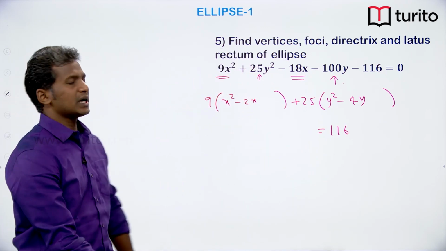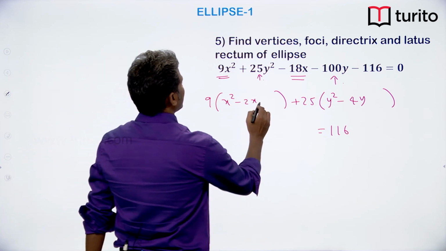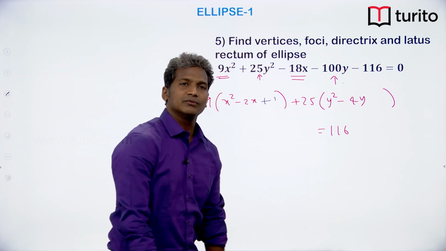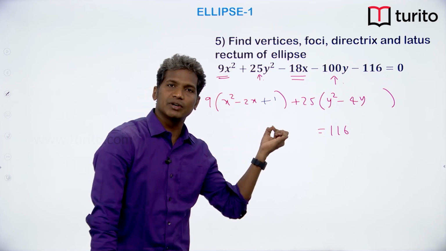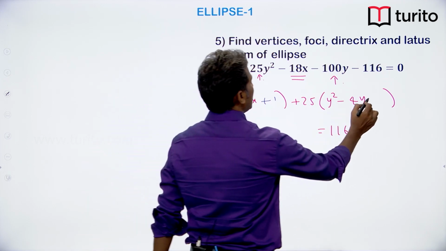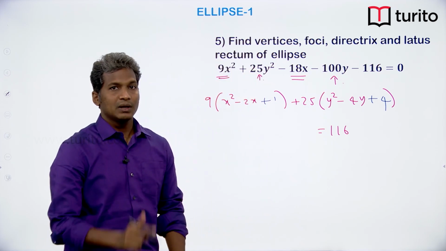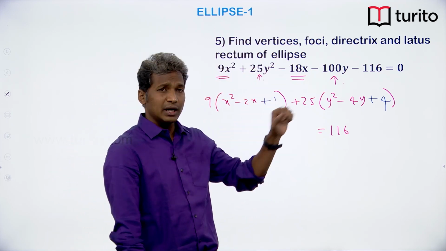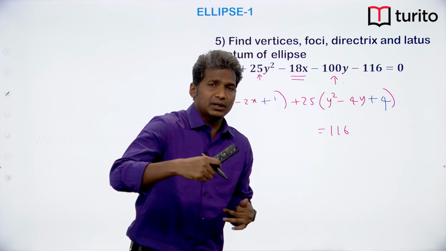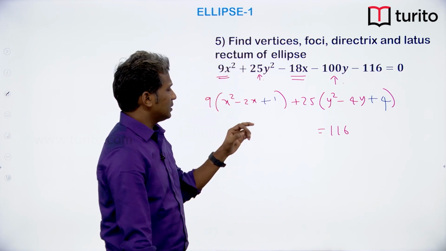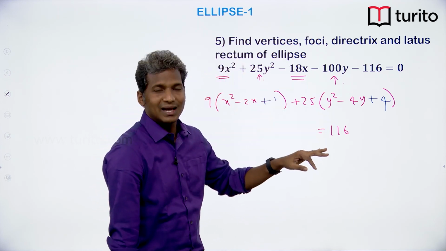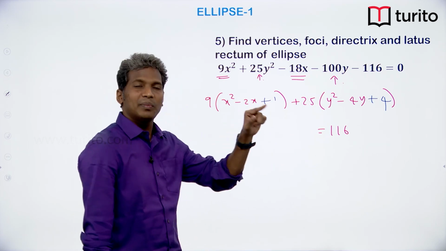Just add and subtract some numbers. Okay. So here I will just add 1. Why? Because it becomes x minus 1 whole square. Here I will add 4. Why? Because it becomes y minus 2 whole square. But because these terms were not there and were provided by me as extra, I have to balance them.